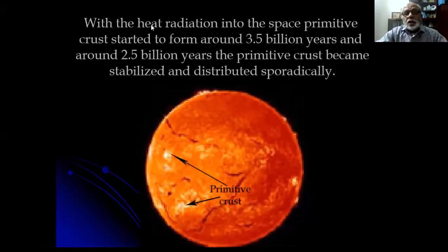Then with the heat radiation into the space, primitive crust started to form around 3.5 billion years ago.